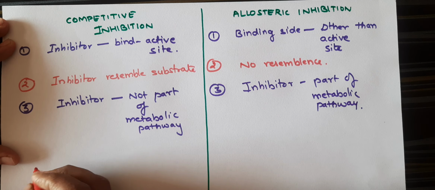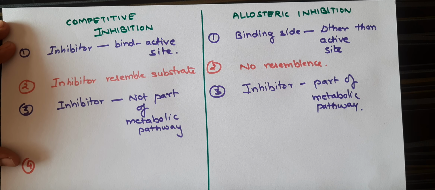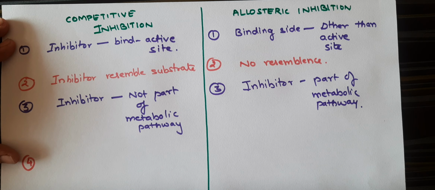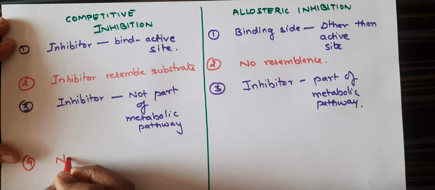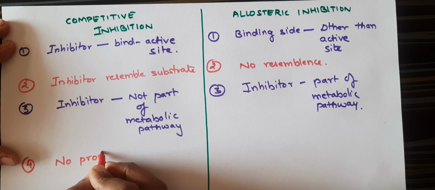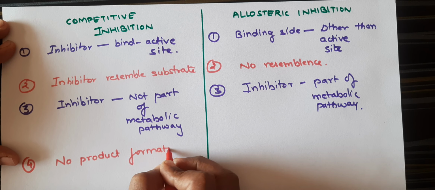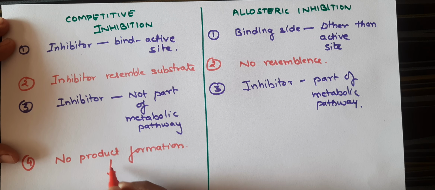The fourth and the last difference between the competitive inhibition and the allosteric inhibition is that in case of competitive inhibition, no product formation due to failure of substrate to bind with the active site. So no product will be formed. And why is the product not formed?